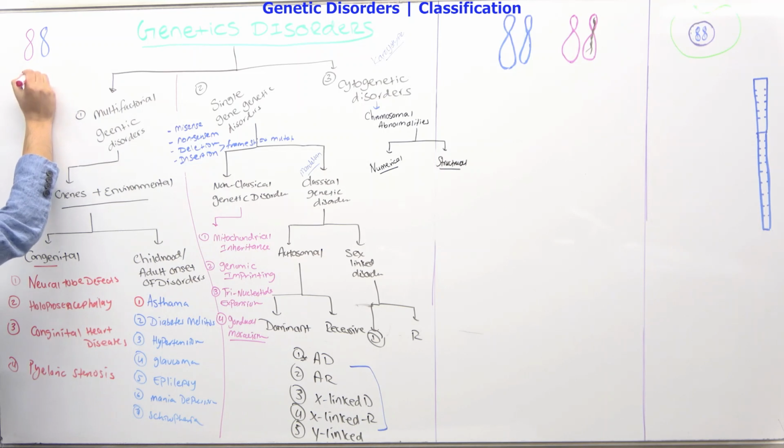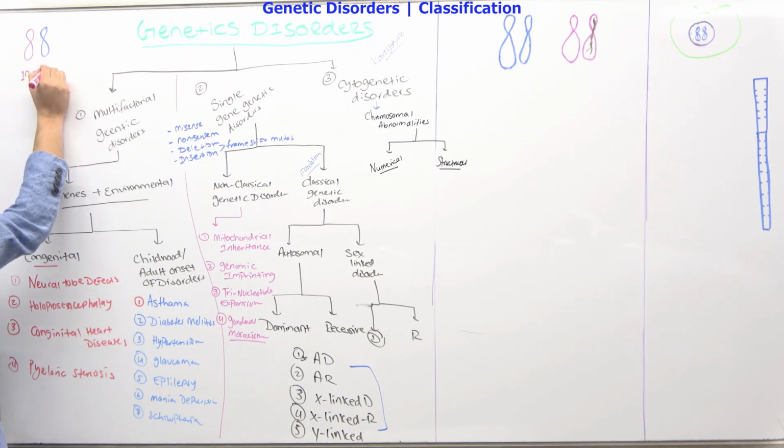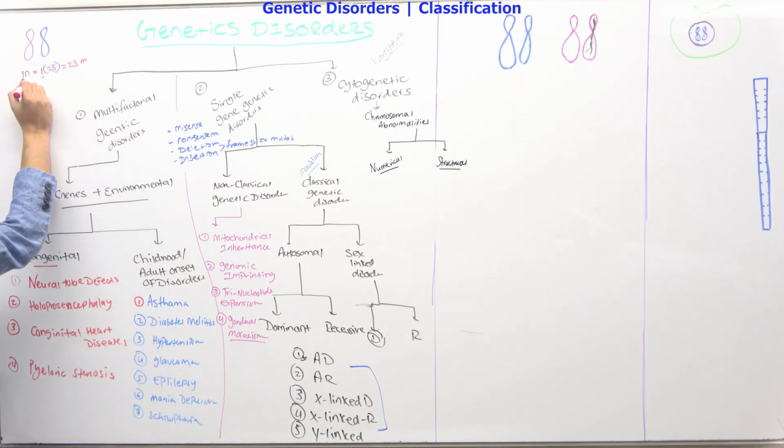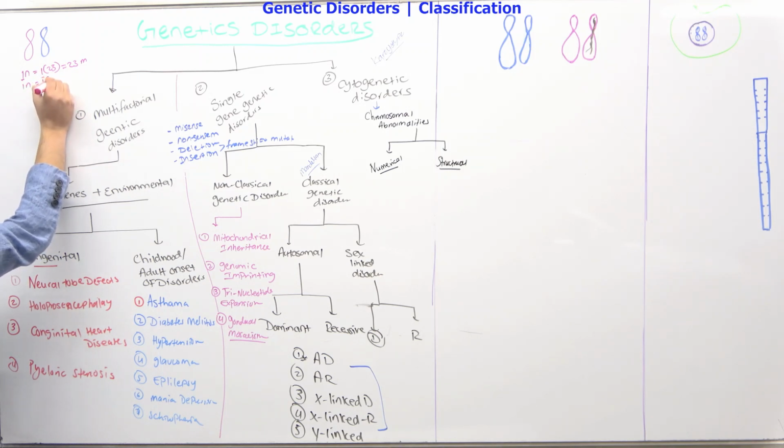In our germline, we get 1 multiplied by 23, which gives you 23 chromosomes from the mother, and then another 1n, 1 times 23, which is from the father.